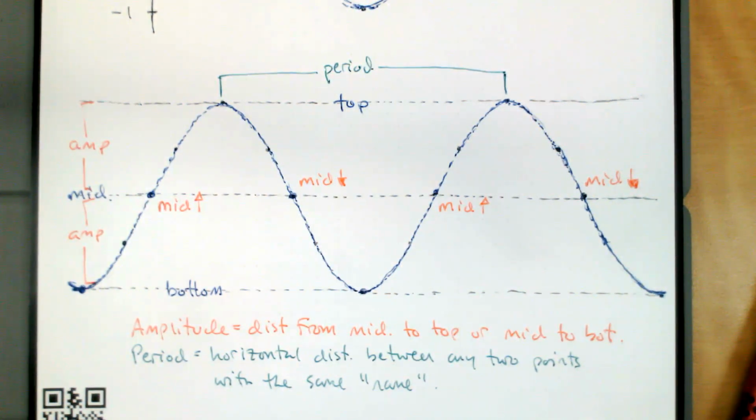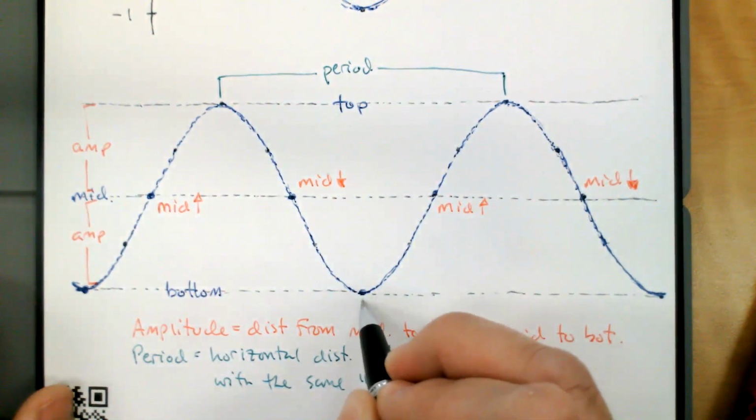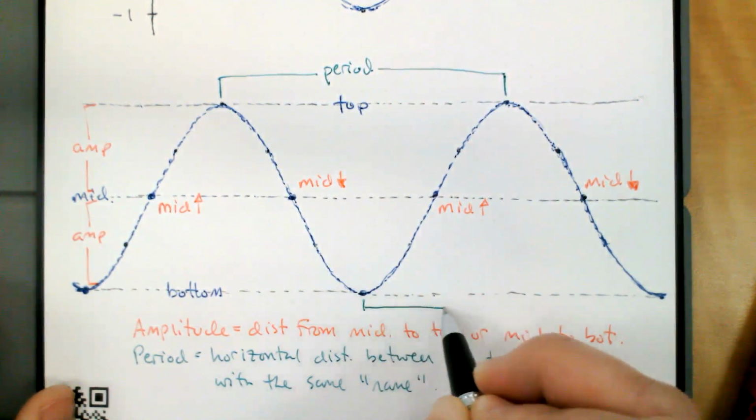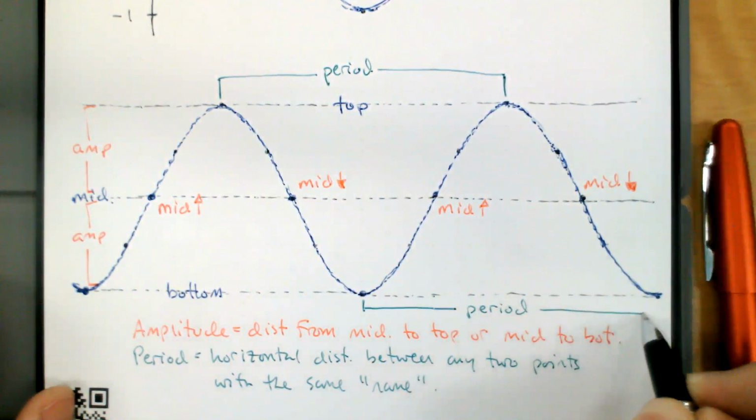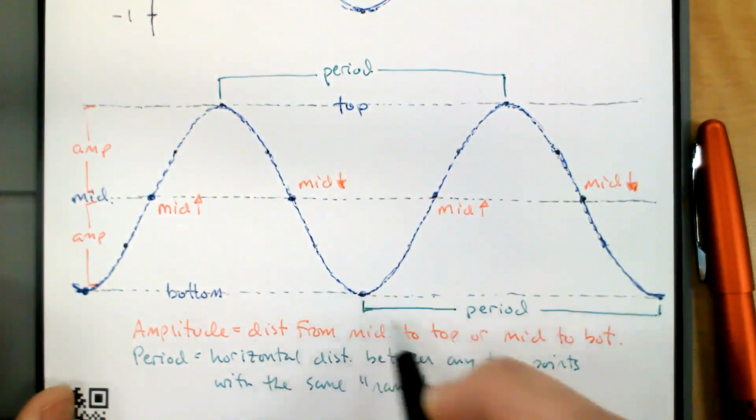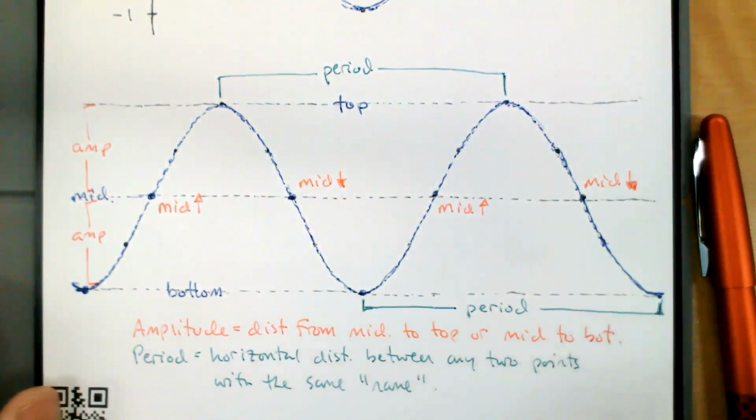So from top to top, from middle going down to middle going down, from bottom to bottom, middle going up to middle going up, that'll be one period. So down here, if we have the bottom, there's one period, and that's where it ends. So from one bottom point to another bottom point, that's one period.